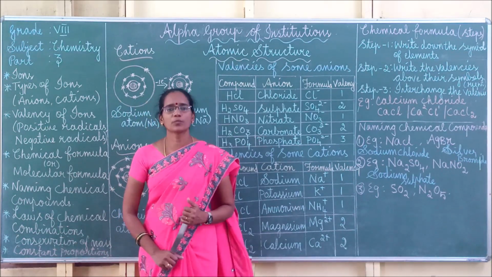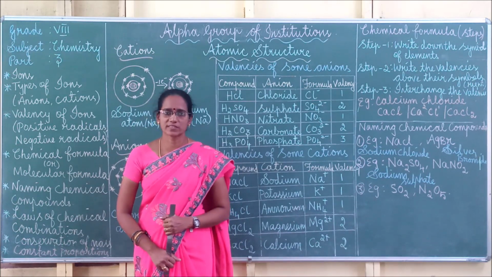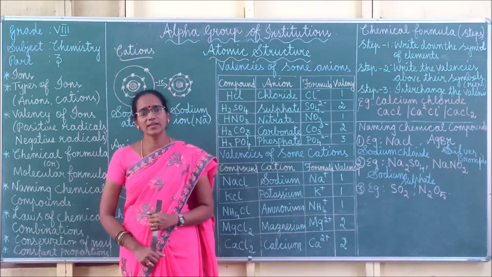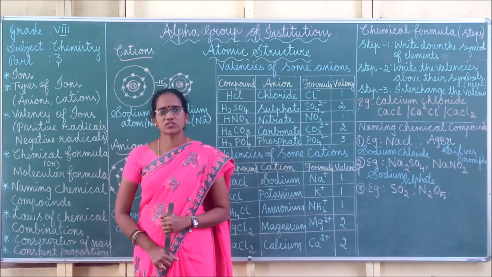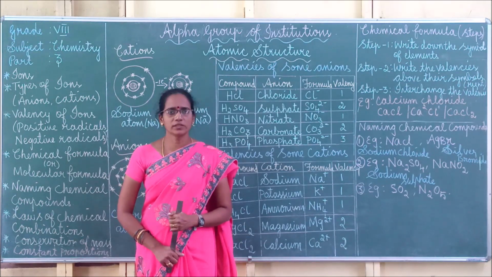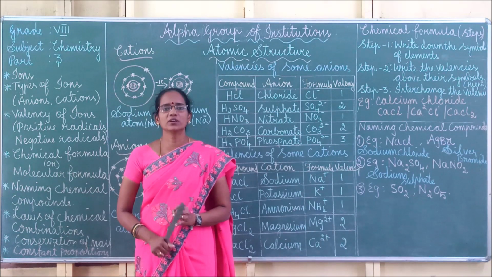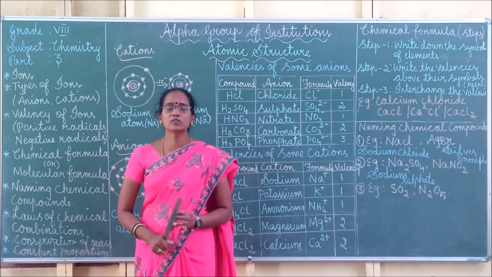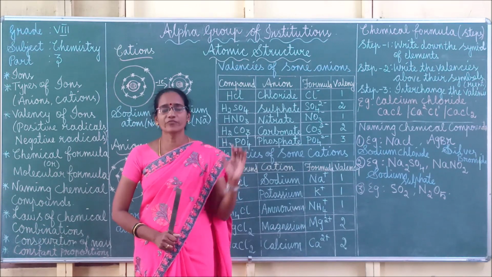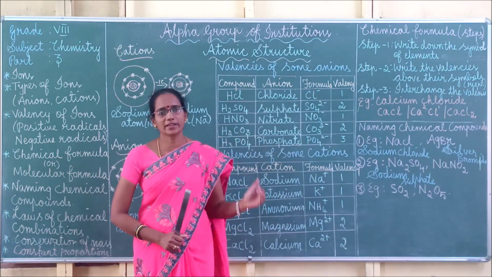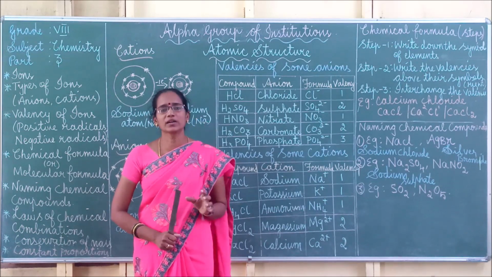Next one, we discussed two laws. One is the law of conservation of mass and the law of constant proportions, otherwise the law of definite proportions. These things we discussed today, children. So go through all the topics. Especially you should learn about ions, cations and anions, and also how to write the valencies of cations as well as anions, how to write a chemical formula, and how to name a chemical compound.